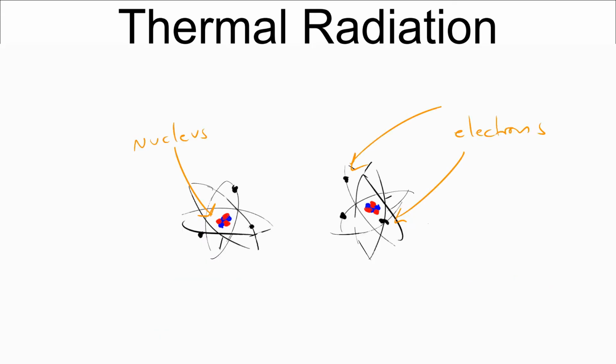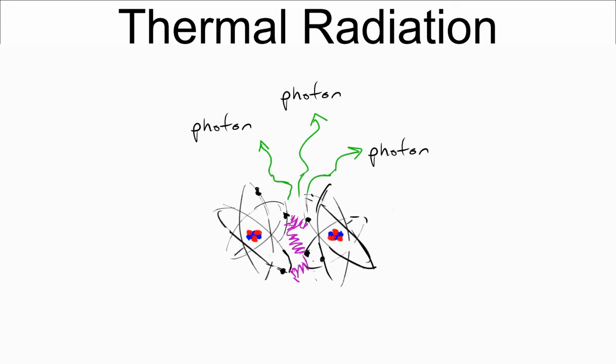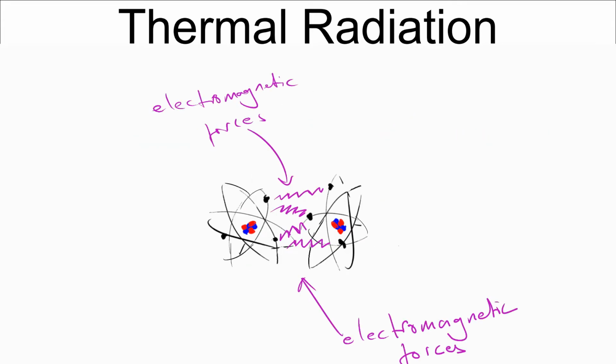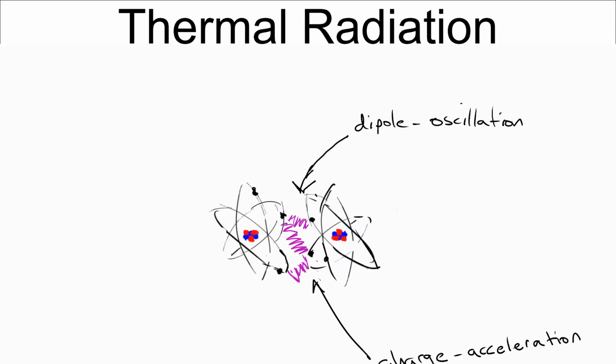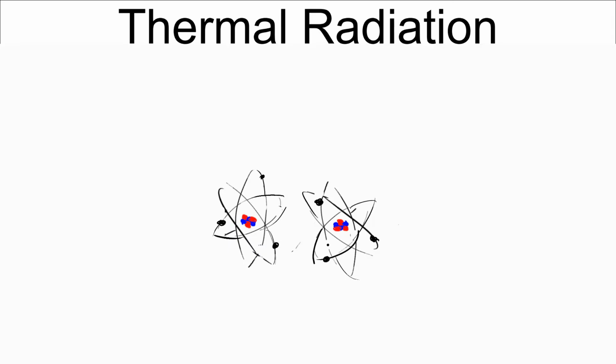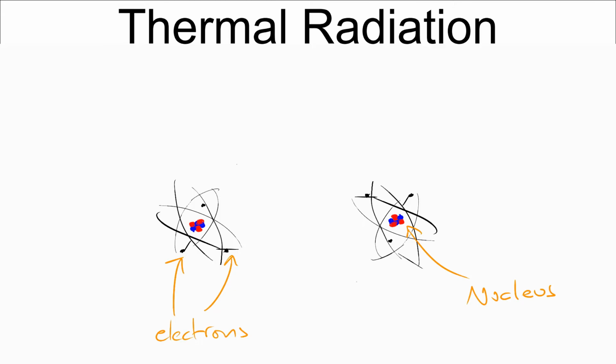The third way is via thermal radiation. And this requires convection and conduction because through those ways of sharing energy, particles come close together and the electrons and protons within the atoms come very close and interact with each other via their electromagnetic fields.